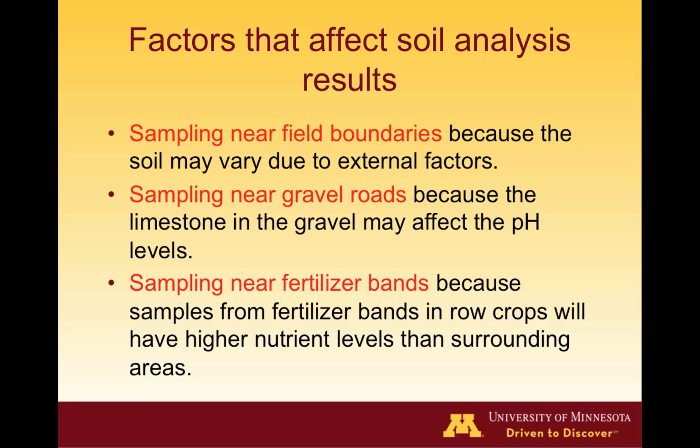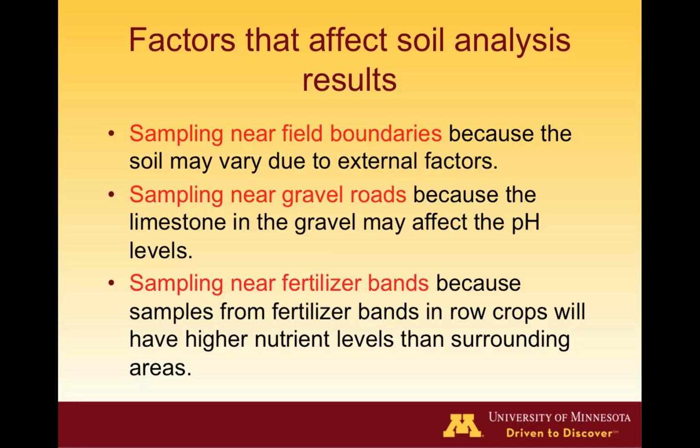crop planting area. And sampling near gravel roads can cause the variation of limestone in the gravel and also the soil pH level, because we know that limestone has higher pH level.